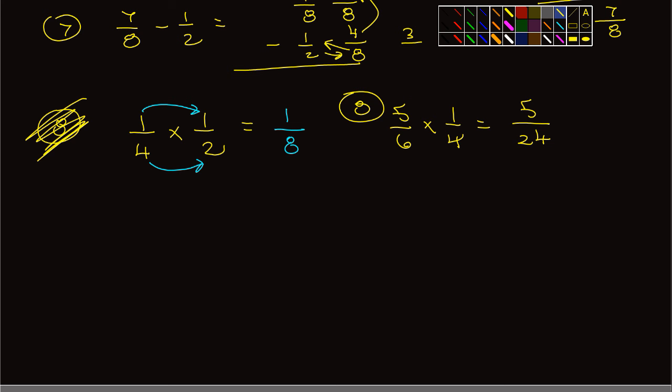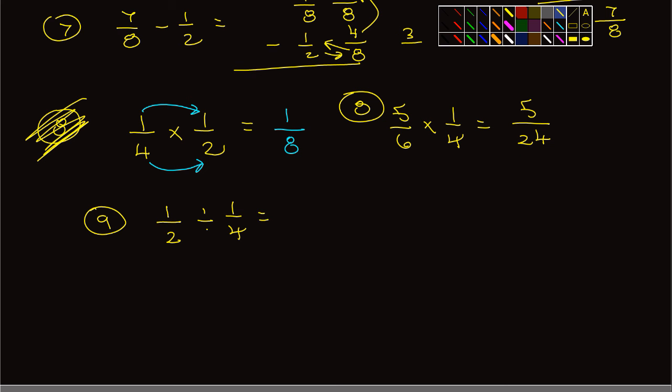How about dividing by fractions? Do you guys know how to do that? I don't think you do. I'm going to show you right now. Let's do 1/2 being divided by 1/4.